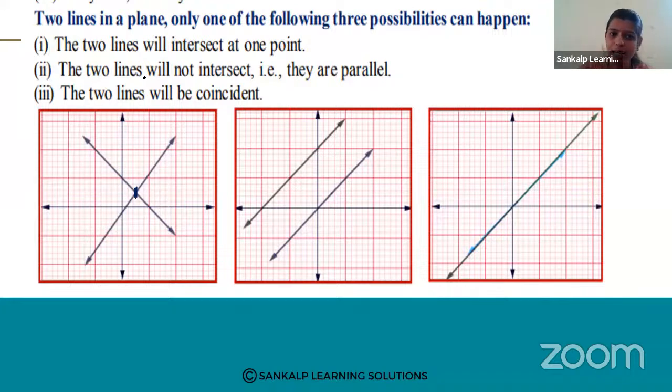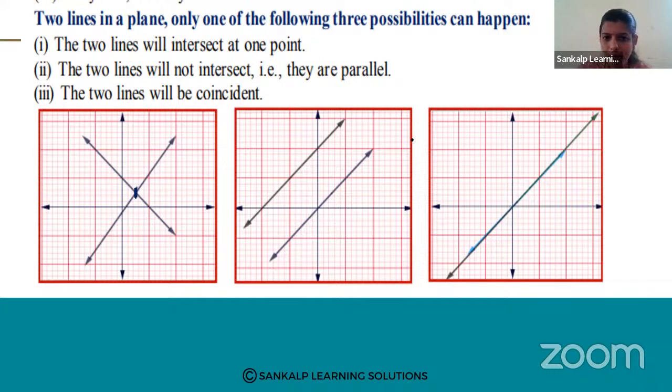Next, the two lines, again another chance. The two lines will not intersect. That means they are parallel. If they do not intersect each other, what do you call it? The two lines are parallel, right?